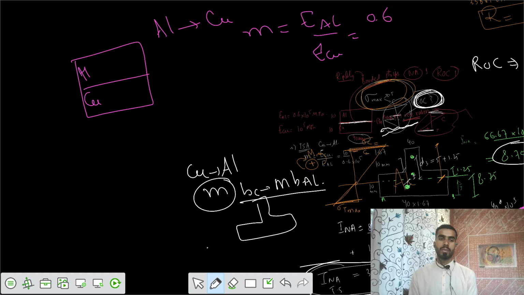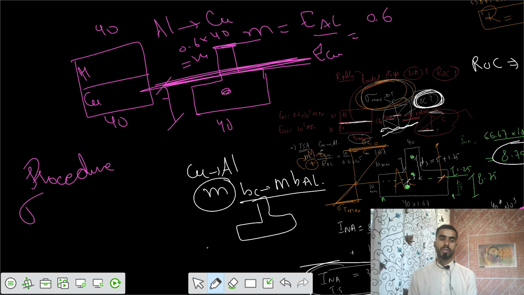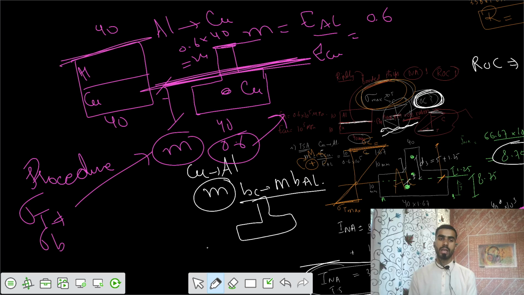So if the width was 40 initially, the converted width of the aluminum should be 0.6 times 40, that is 24. Then you can calculate the neutral axis location, and the procedure is the same. When you get the stresses at the top and bottom in the transformed section for the copper, you then multiply by the modification factor of 0.6 at the top to get the stresses in the actual aluminum.